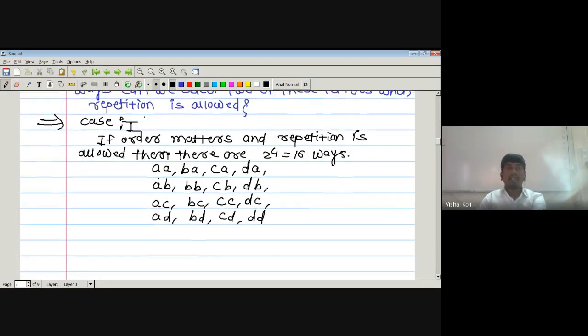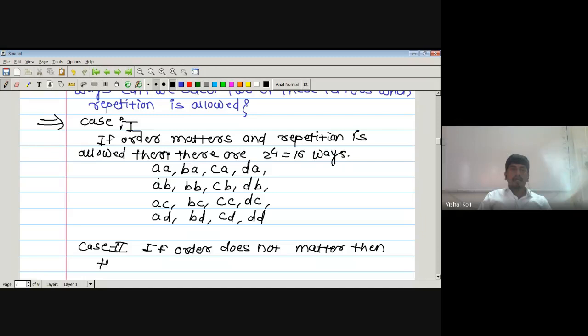In the second case, we have to see if order does not matter. Case 2: if order does not matter, then there are 10 possibilities.